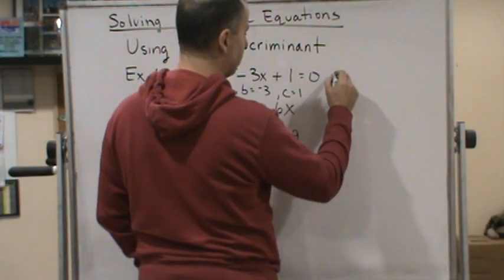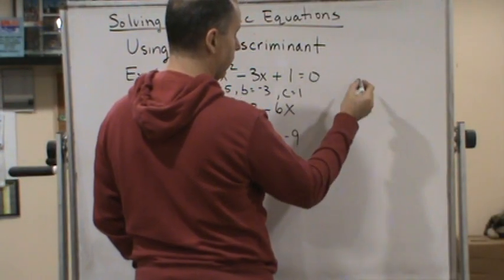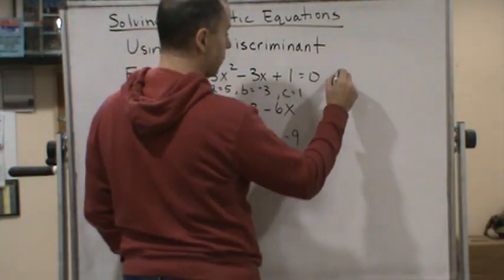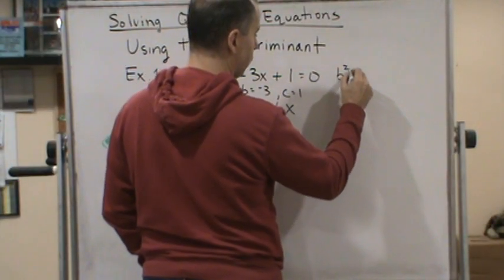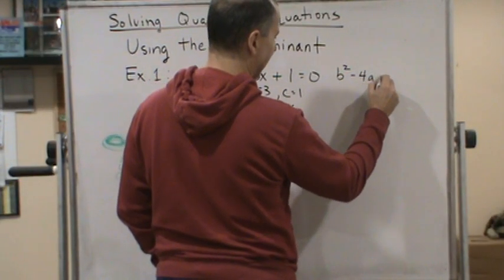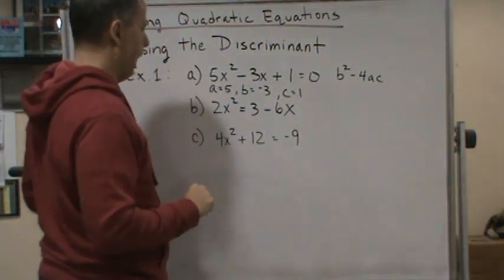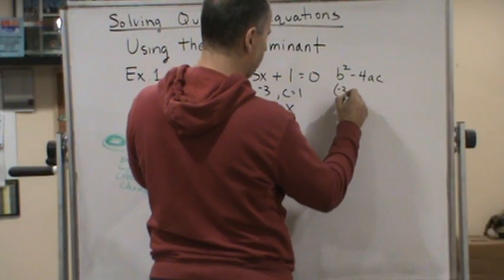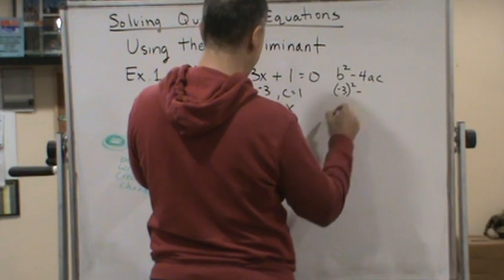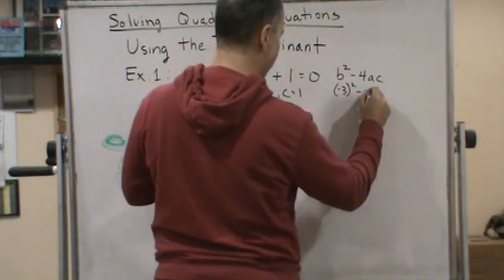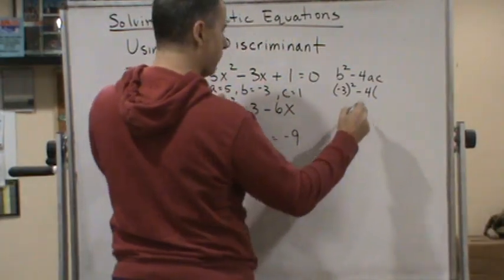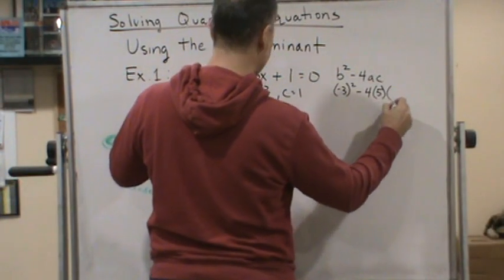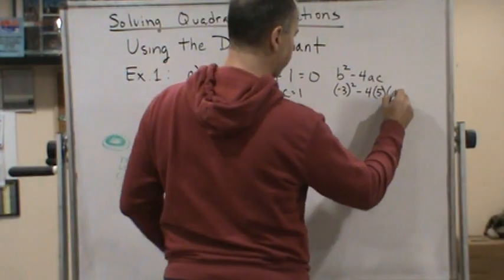The discriminant is what's under the radical in the quadratic formula, and so that's going to be b squared minus 4ac. In this case, b is -3, so it's -3 quantity squared minus 4 times a, which is 5, times c, which is 1.